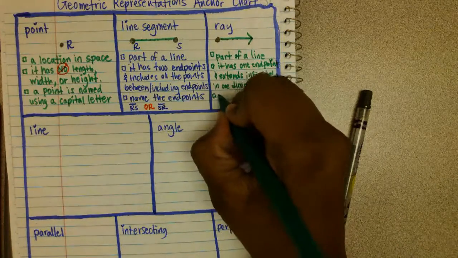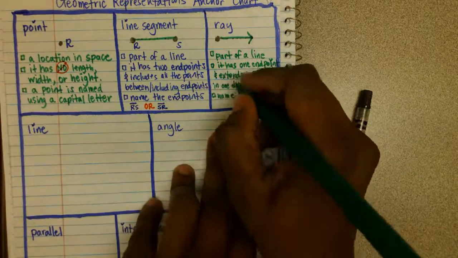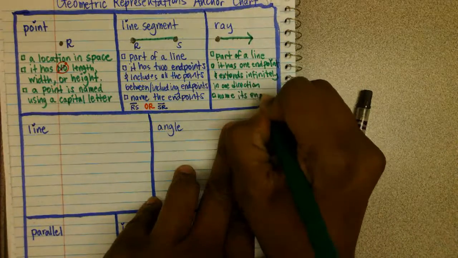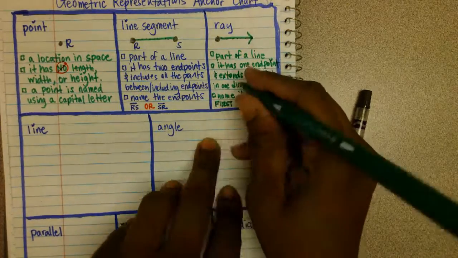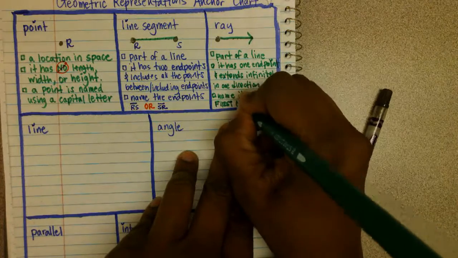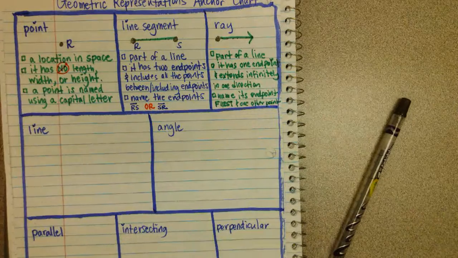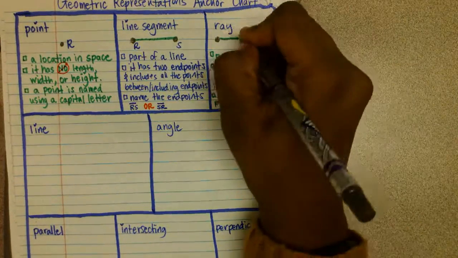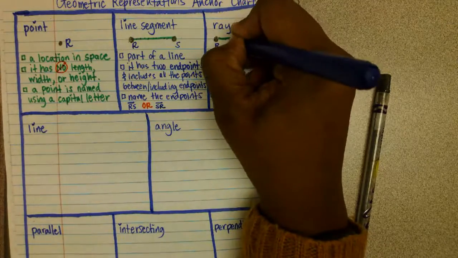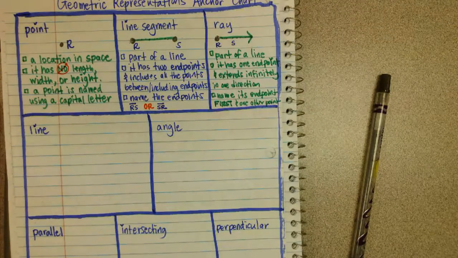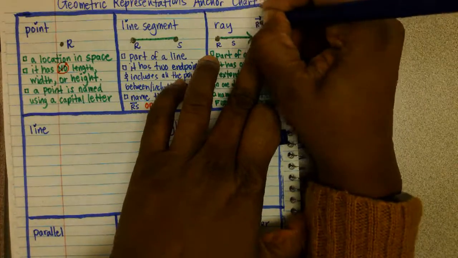All right, name its endpoint first, and then one other point. I'm just going to label R, let's say this is point S. And so this would be ray RS.